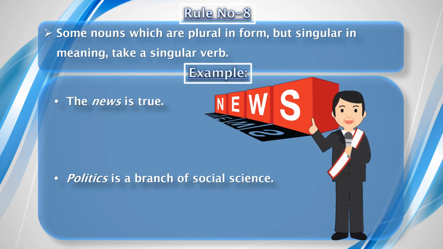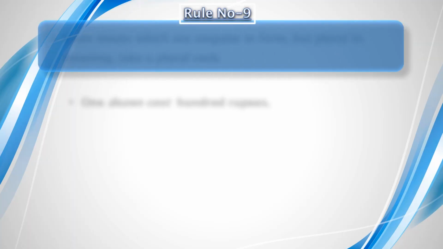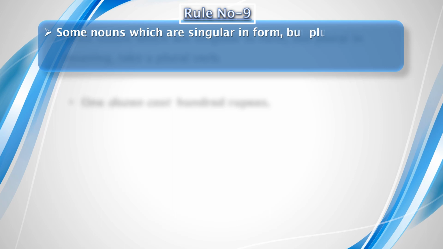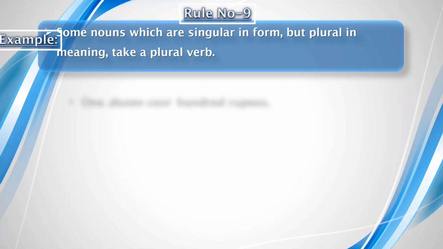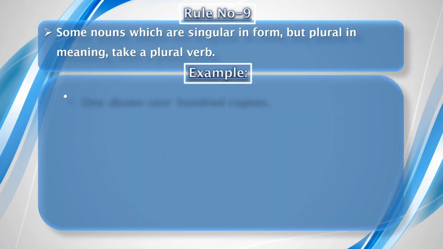Okay, so now there are some nouns which are singular in form, but they are plural in meaning. Though they may seem to be singular, in meaning they are plural. So they will take a plural verb. Okay, supposing one dozen cost 100 rupees.